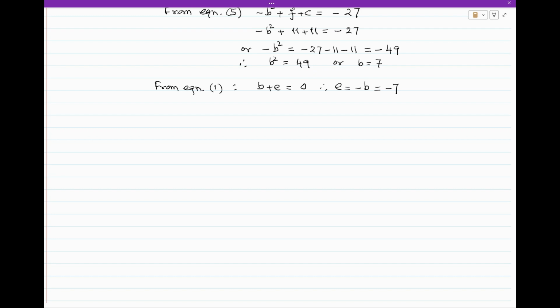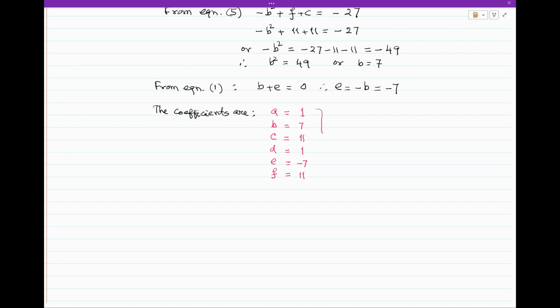So, the coefficients are a, b, c, d, e and f, and their values are: a is one of the leading coefficients and this is 1, b we have just now found out to be 7, c is equal to 11, d again the other leading coefficient, that is 1, e is minus b and that is minus 7, f is equal to 11.